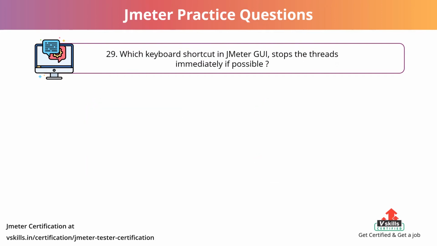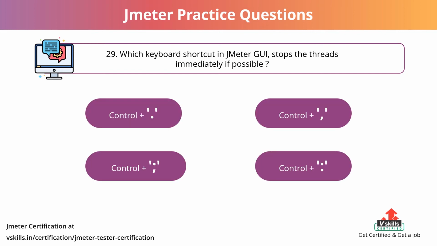Which keyboard shortcut in JMeter GUI stops the threads immediately, if possible? The options are A, Ctrl plus dot, B, Ctrl plus comma, C, Ctrl plus semicolon, D, Ctrl plus colon. The correct answer is option A.